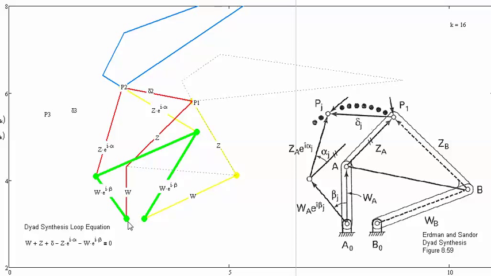It shows up better on the author's figure because he has vector arrows. W plus Z plus delta minus the new Z minus the new W is a vector loop that closes.